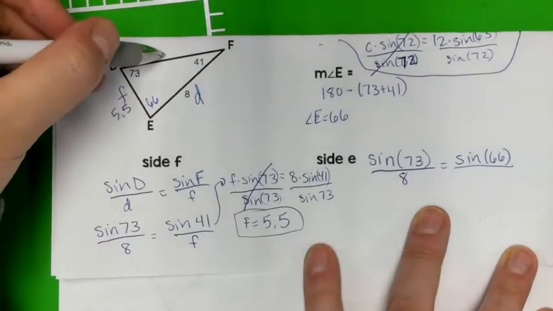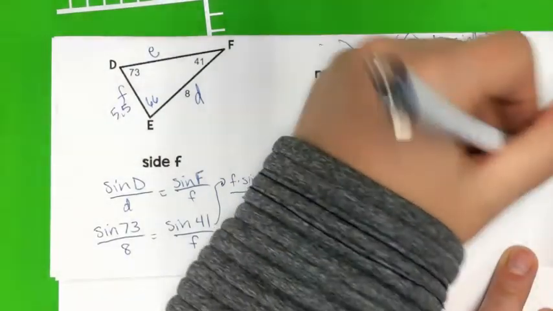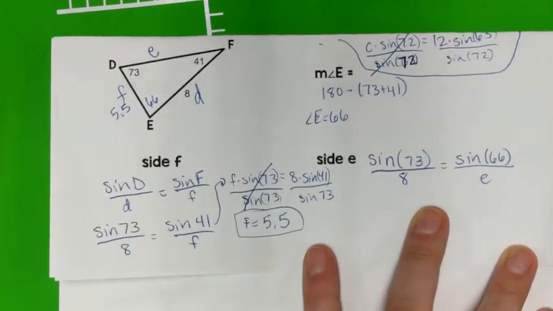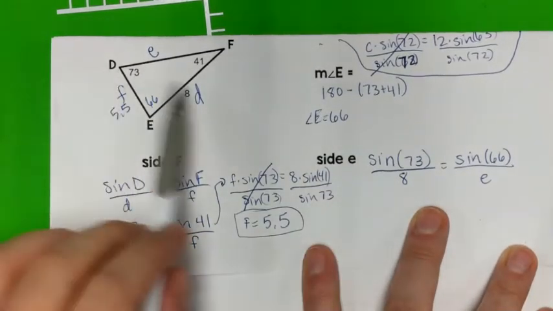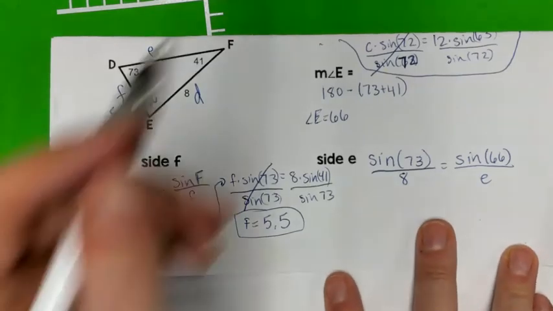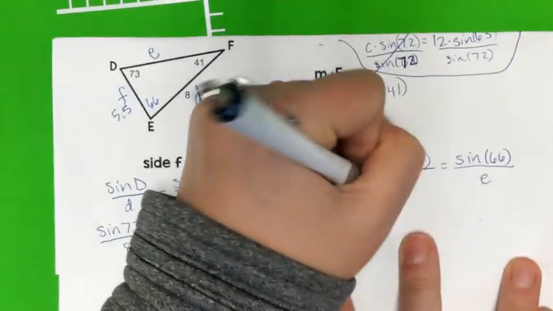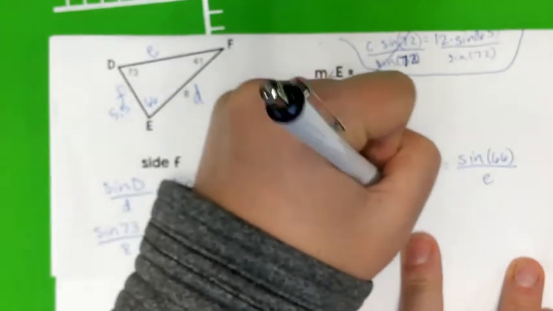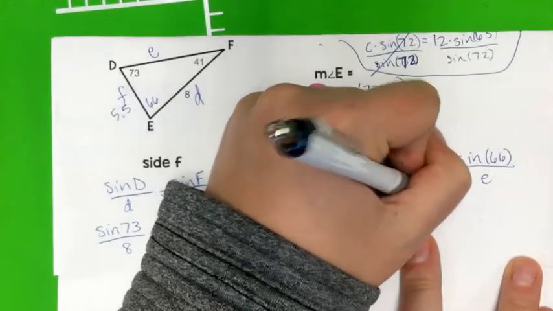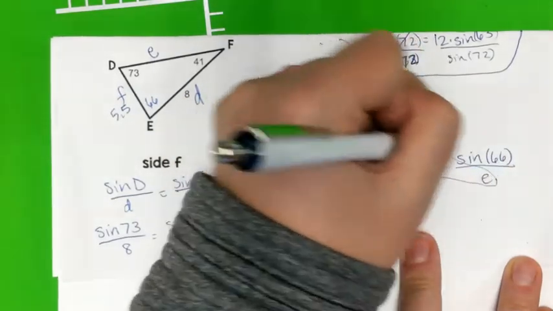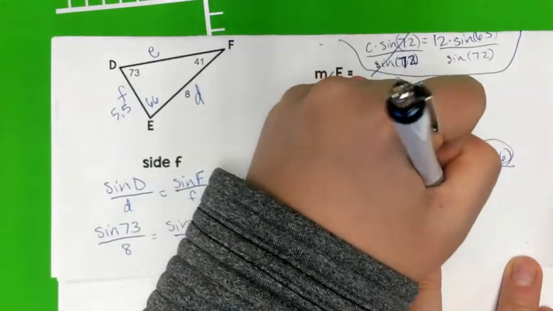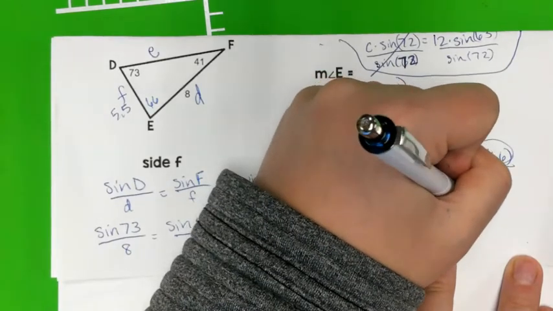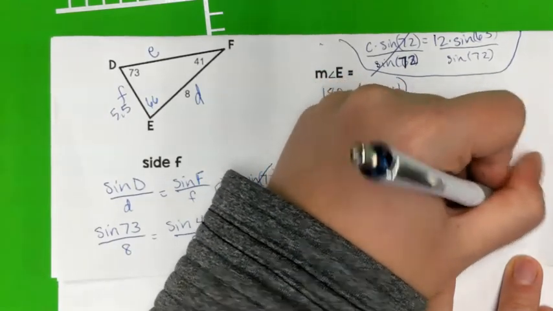Sine of 66 over E is equal to the combination of these. Okay, now we just cross multiply. E times sine of 73. And then that's equal to 8 times sine of 66. And then we divide by sine of 73 on both sides.